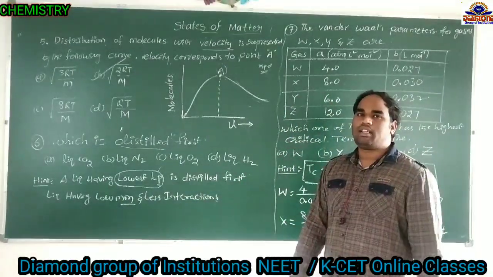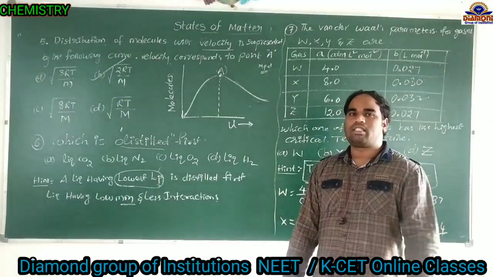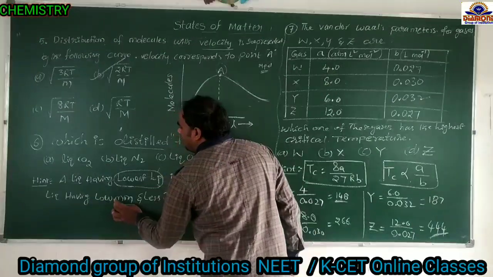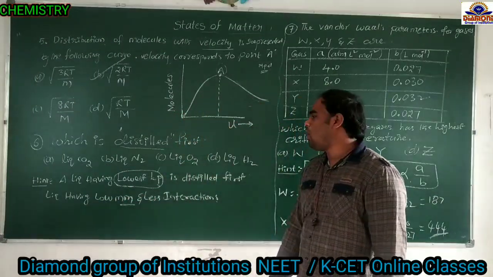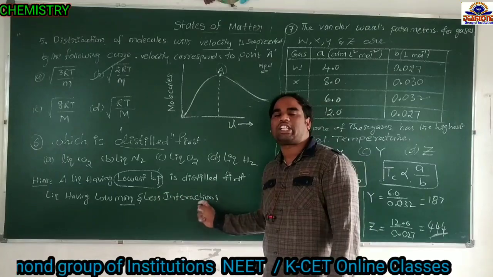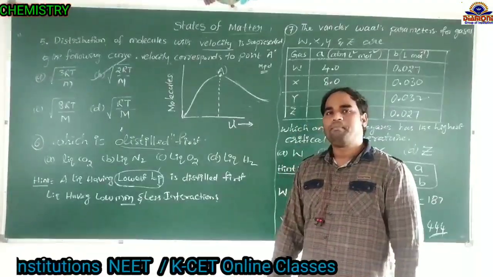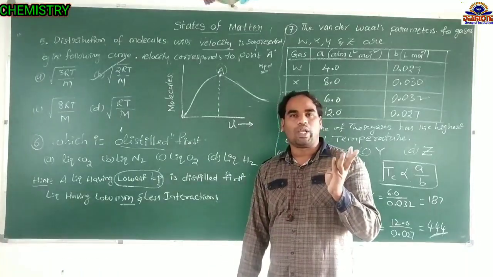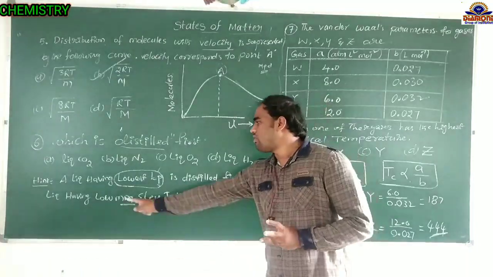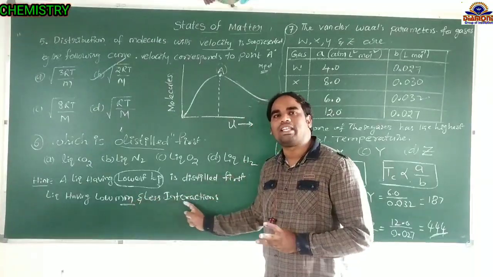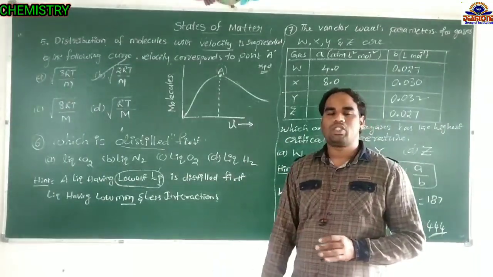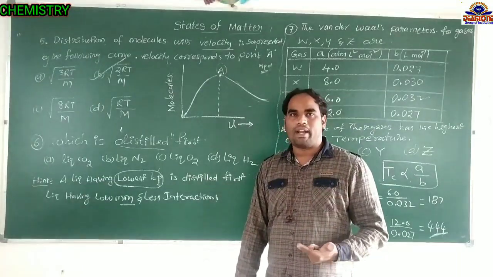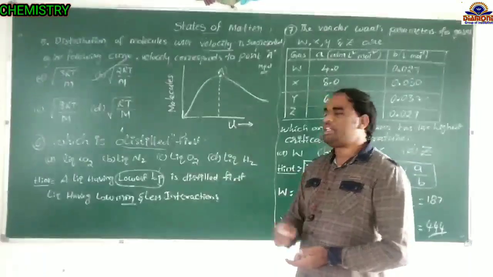So how do we know whether a particular liquid has the lowest boiling point or not? If a liquid has low molecular mass and less interaction between the molecules, then that liquid has a lowest boiling point. If the liquid has the lowest boiling point, then that liquid is distilled first.